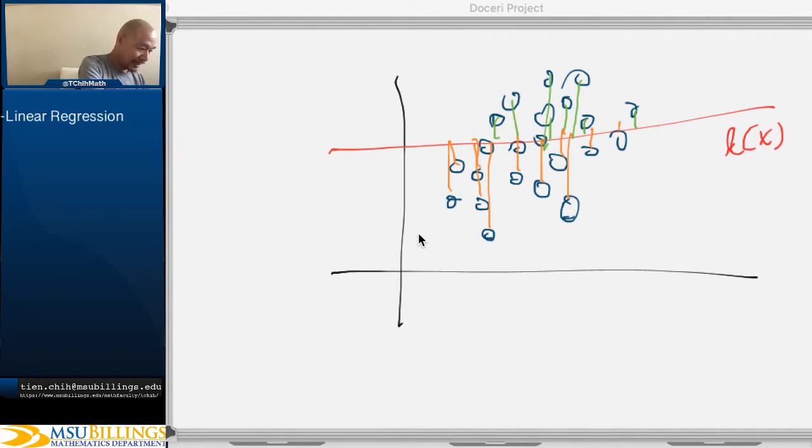So let's go ahead and give these things a name. Let's say that all of these things here, both things like that and things like that, are errors.